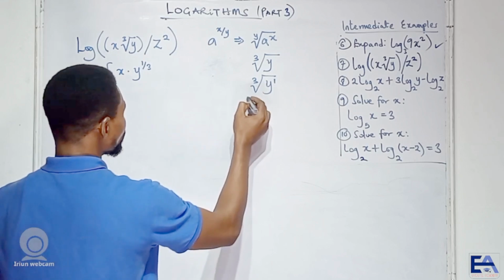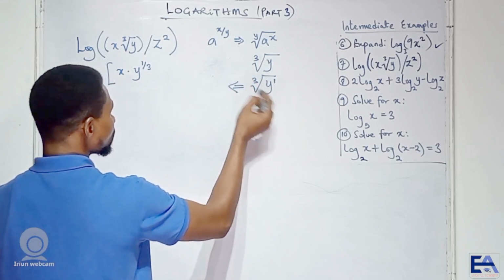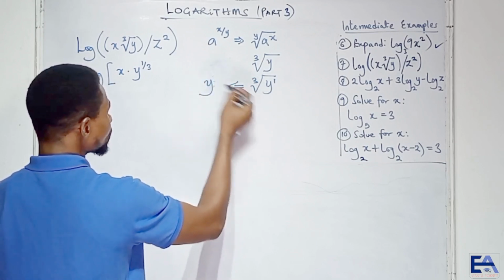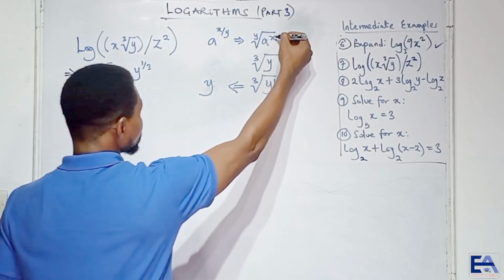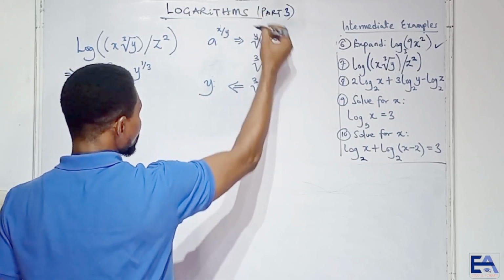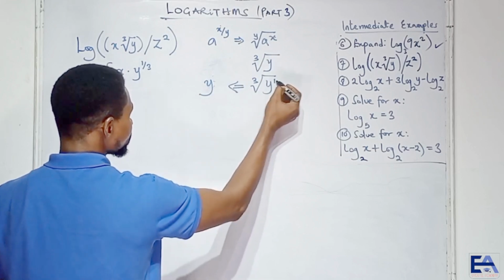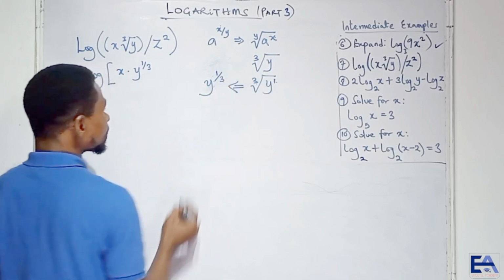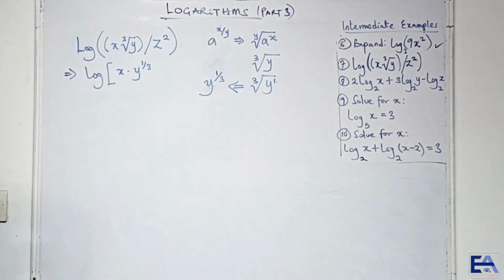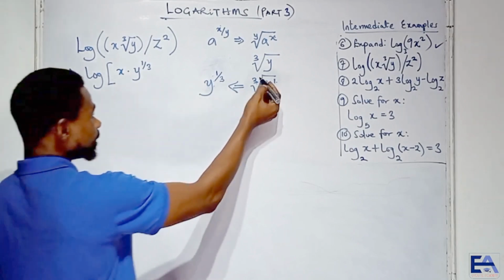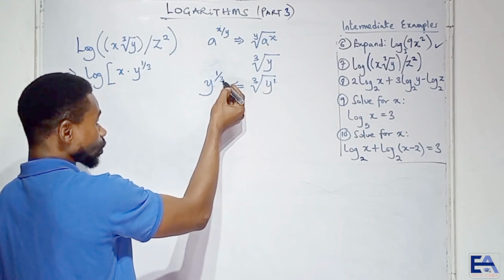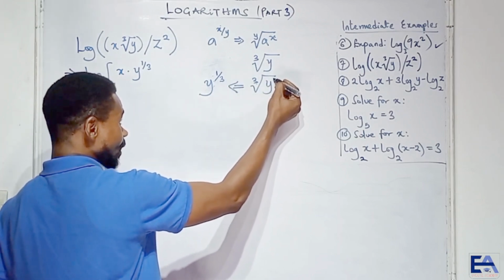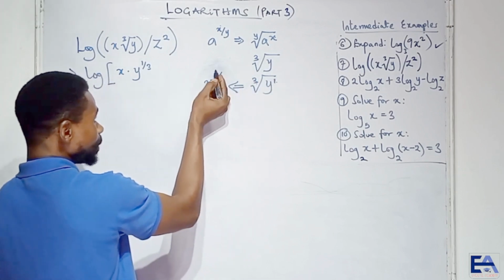So we now reverse it to become y raised to power, according to the law of indices, the one inside will be up, the one outside will be under. So we have 1 up, and then 3 outside will be under. The number outside the root will form the denominator of the fractional power, while the number that is a direct power will be the numerator.